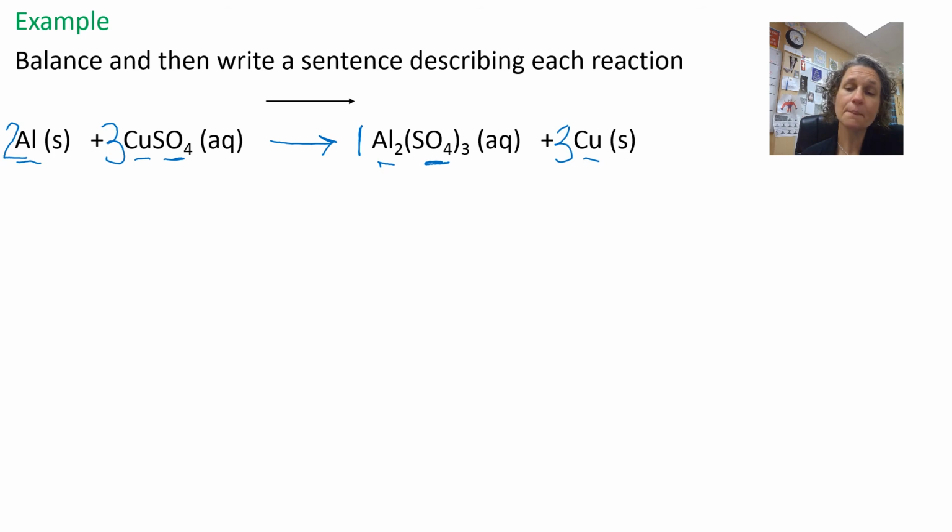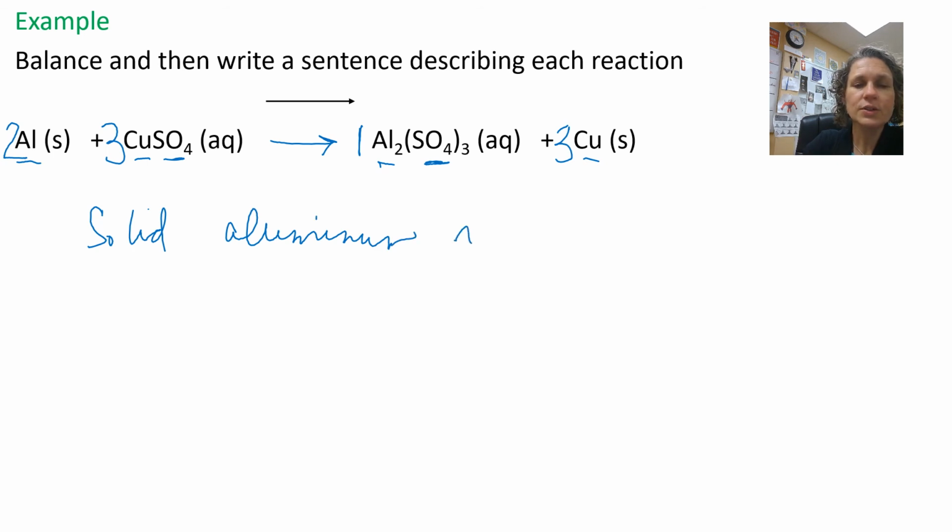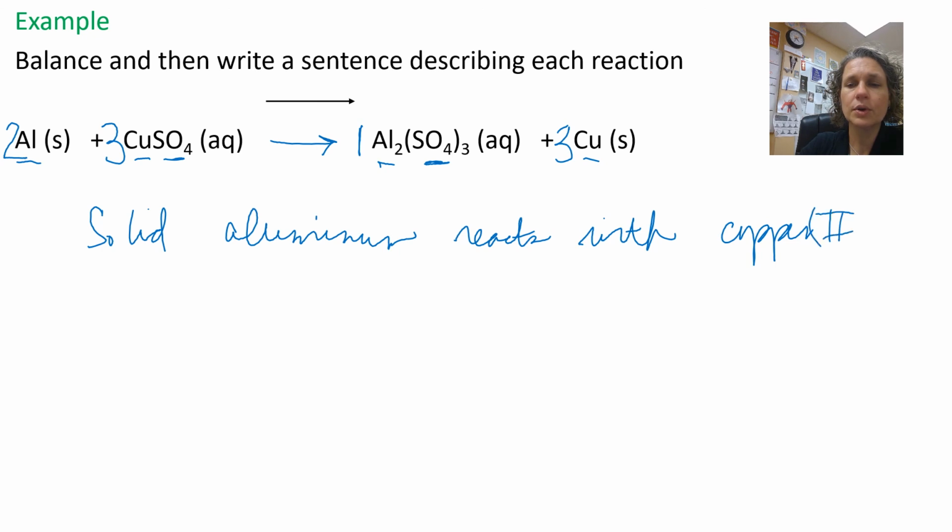All right, so now the balancing has nothing to do with the next part. I just wanted to do it for practice. But if we are writing this sentence, and I apologize because my writing's probably going to be kind of messy on this page, you just write the words for what's written down. So you could say solid aluminum reacts with copper sulfate.